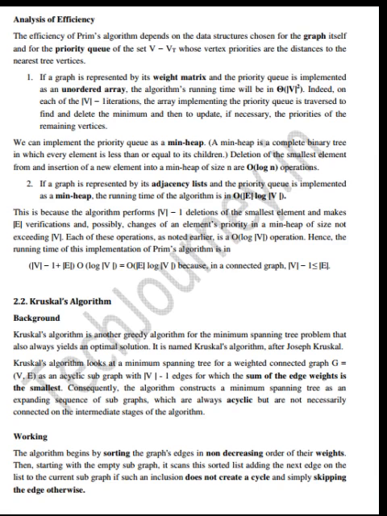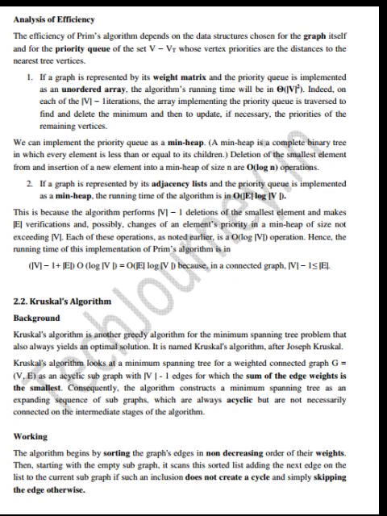Kruskal's algorithm looks at a minimum spanning tree for a weighted connected graph G = (V, E) as an acyclic subgraph with |V| minus 1 edges for which the sum of the edge weights is the smallest. Consequently, the algorithm constructs a minimum spanning tree as an expanding sequence of subgraphs which are always acyclic but are not necessarily connected on the intermediate stages of the algorithm.